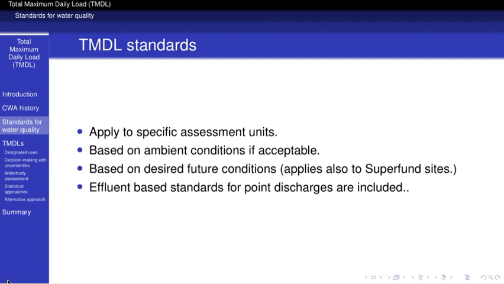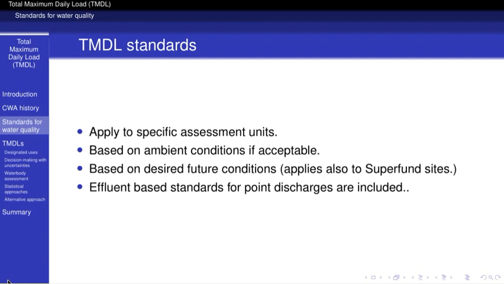Equally important, setting standards and objectives based on desired ambient future conditions applies to aquatic Superfund sites under the Comprehensive Environmental Response, Compensation and Liability Act, CERCLA, and other water quality laws.